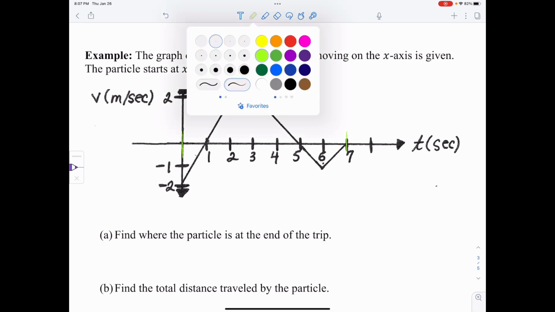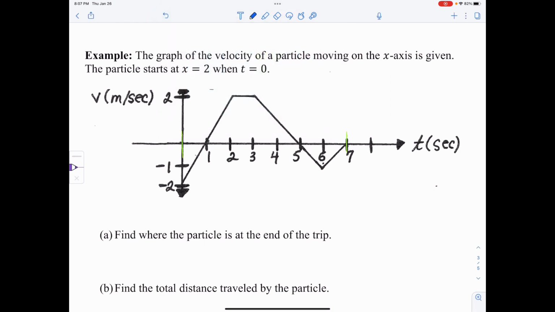I'm going to call our position function x of t. So this will be the particle's position at time t, where t is in seconds. We know that x of 0 is equal to 2 based on this statement.